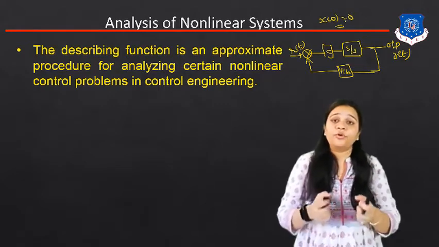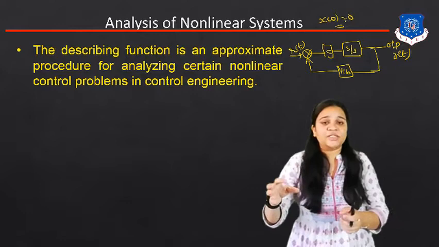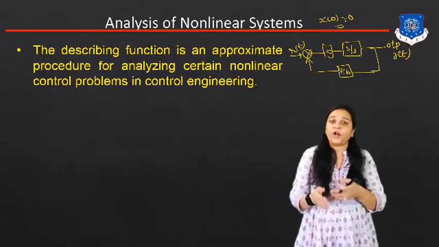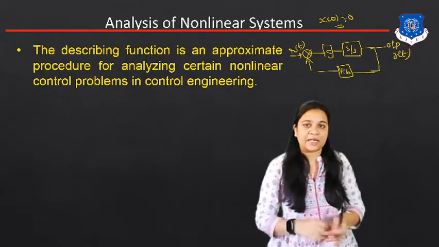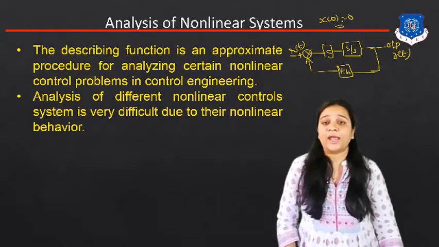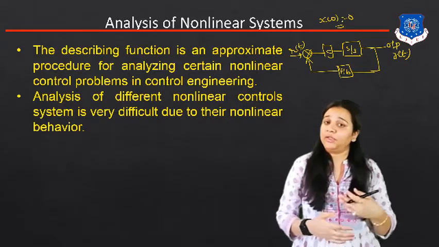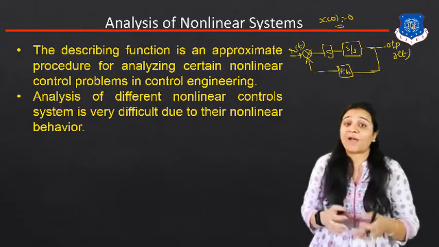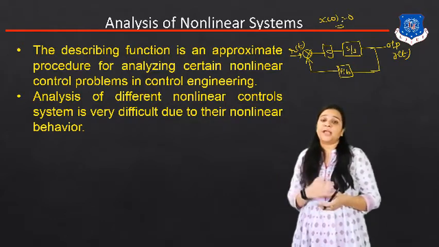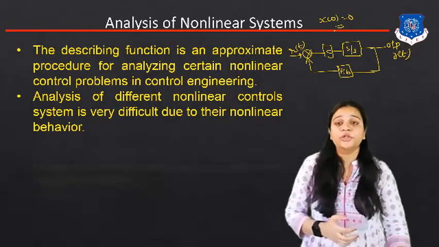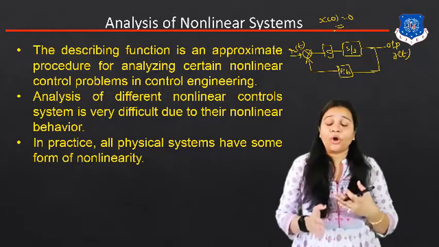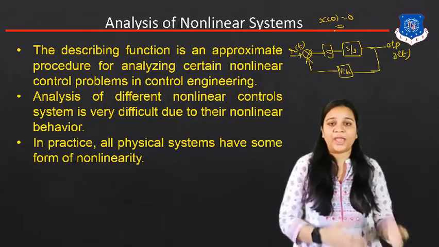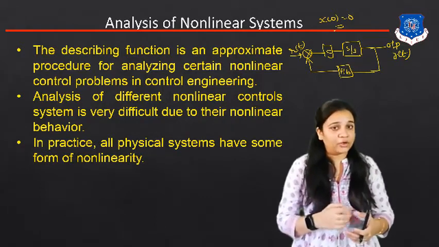So we have to define an approximate solution, and for that we use the describing function. Analysis of different nonlinear control systems is very difficult due to their nonlinear behavior. In practice, all physical systems have some form of nonlinearity.